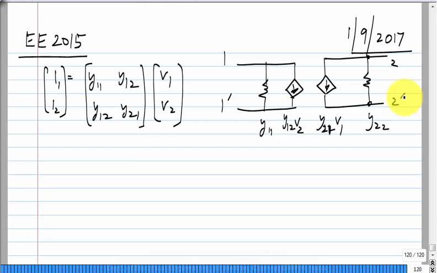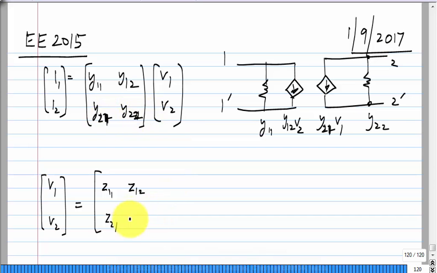And we also looked at three other types of parameters, which are Z parameters, where currents are the independent variables and voltages are the dependent variables.